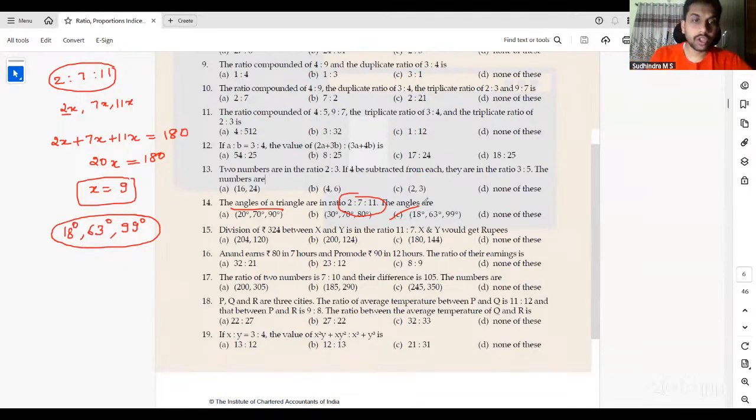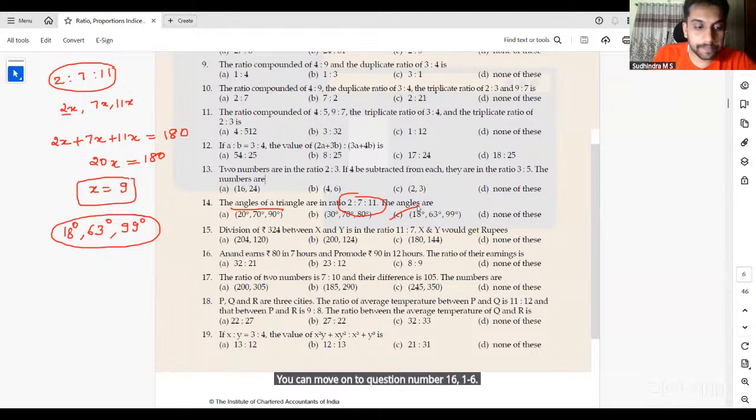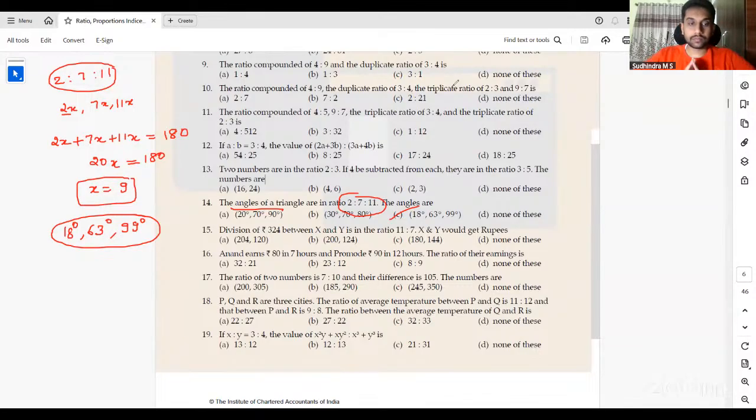Complete this. Those who have completed, you can move on to question number 16. Very good, Pranav. Dhanush, correct. Sahana, to recheck.